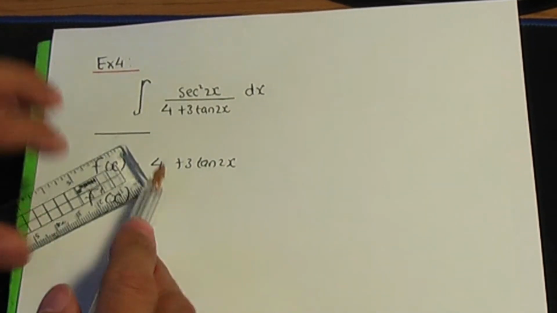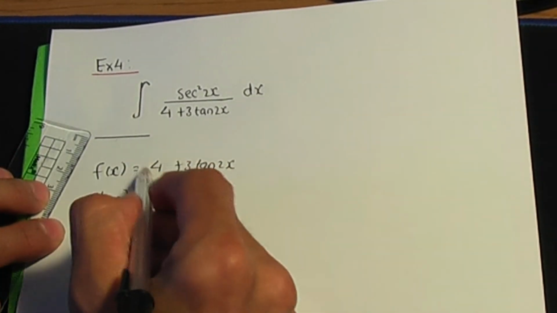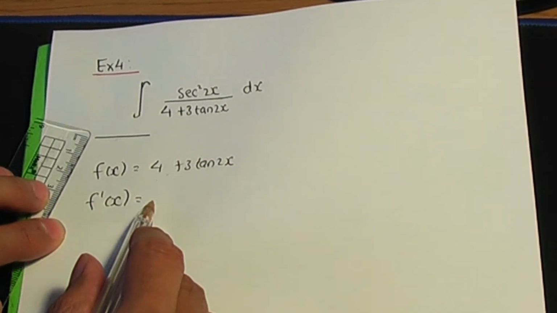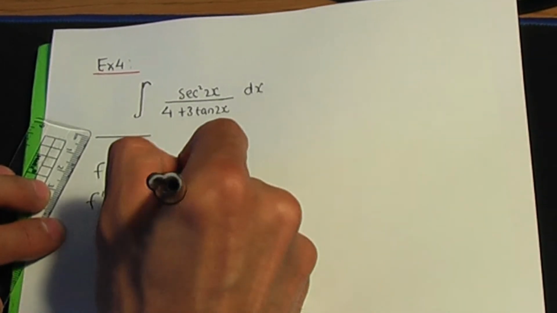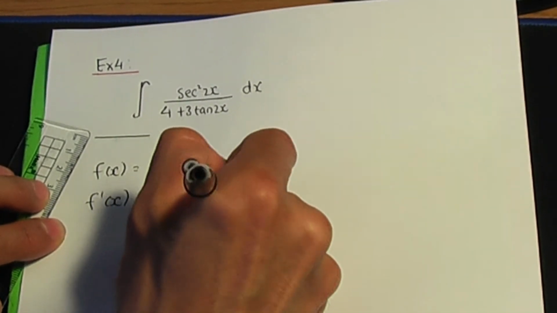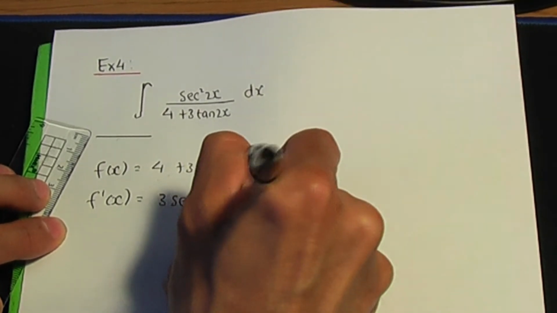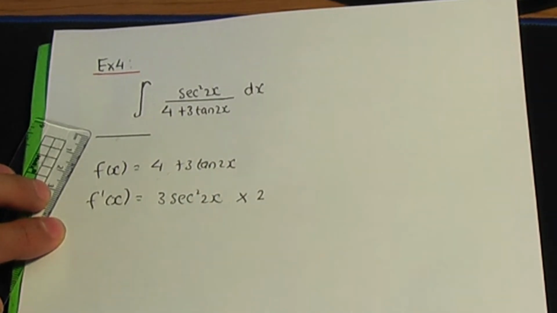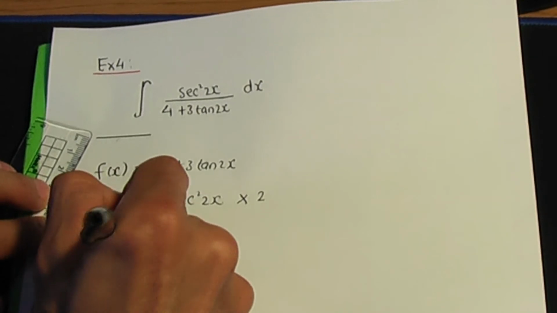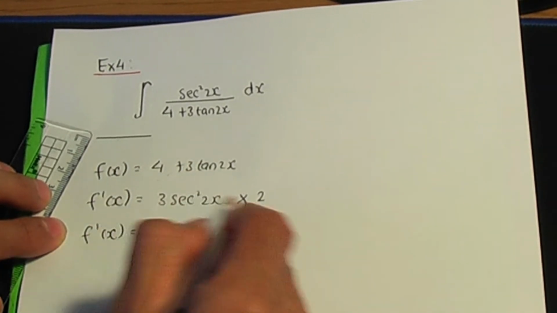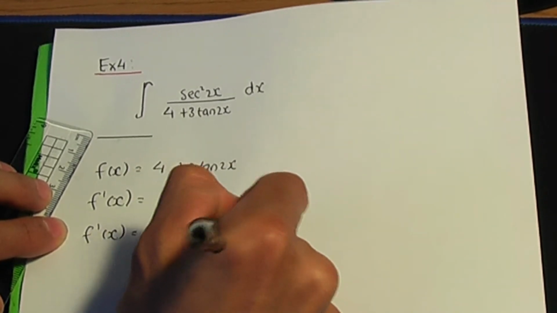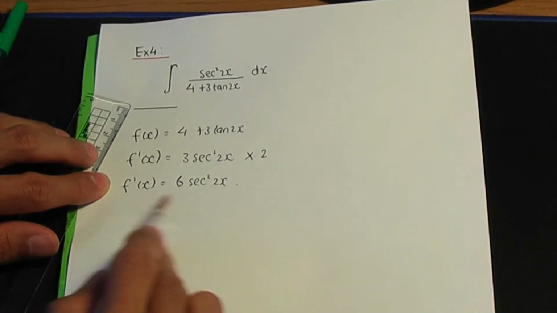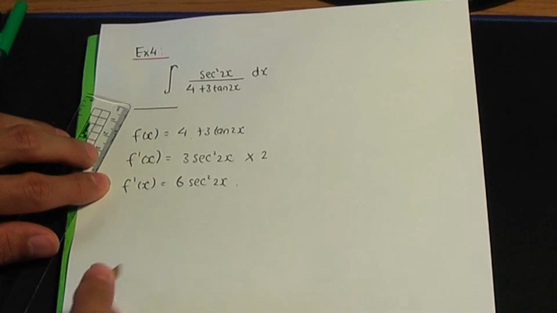When I differentiate 4, that is 0. When I differentiate 3 tan 2x, you're going to get 3 sec squared 2x times 2. When we simplify that, 3 times 2 is 6 sec squared 2x. So that is what we should have for f primed.